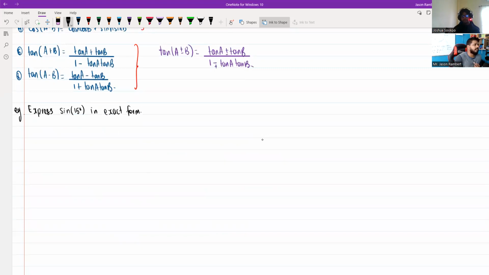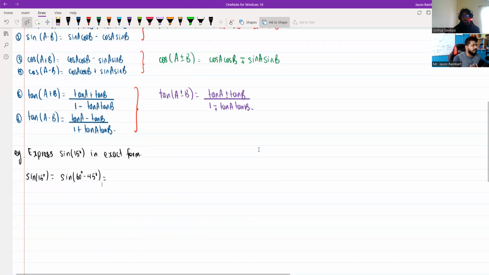I know that sine of 15 degrees, as you said earlier, is sine of 60 degrees minus 45 degrees. This takes the form of sine of A minus B, which is sine A cos B minus cosine A sine B, and A is 60 degrees.